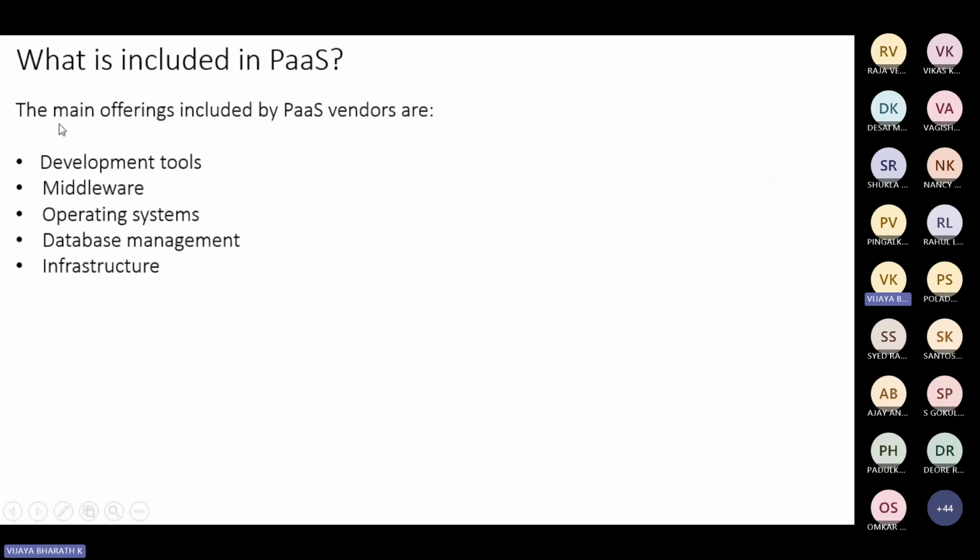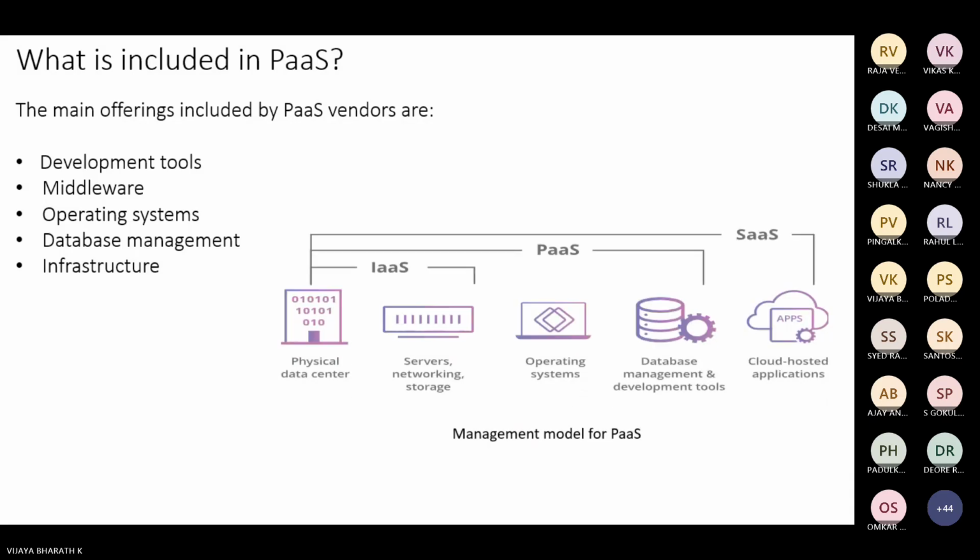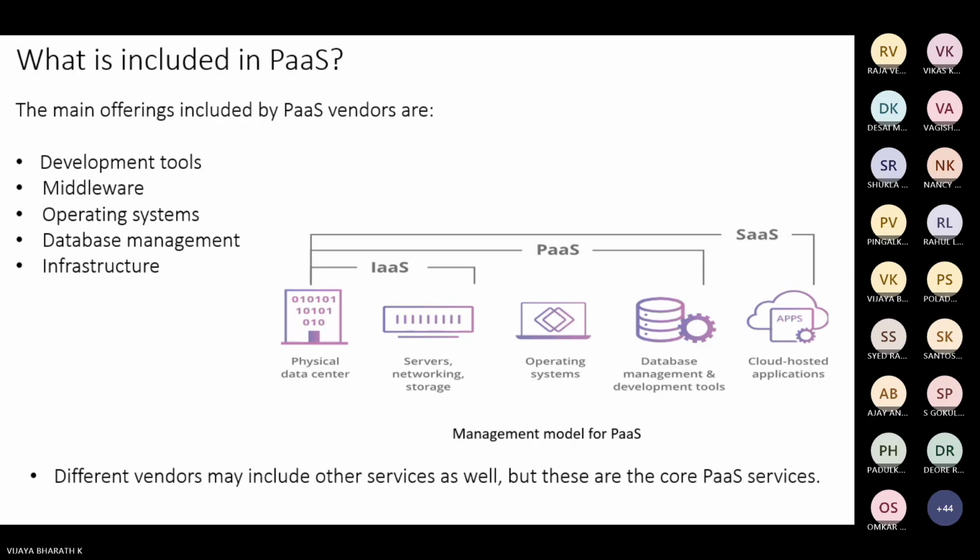It includes major offerings like development tools, middleware, OS, database, and infrastructure. Different vendors may include other services as well, but these are the core PaaS services.